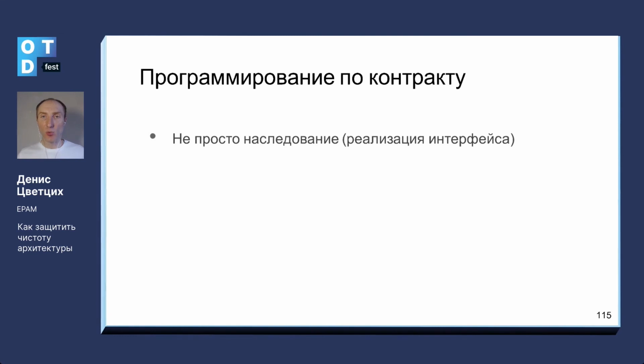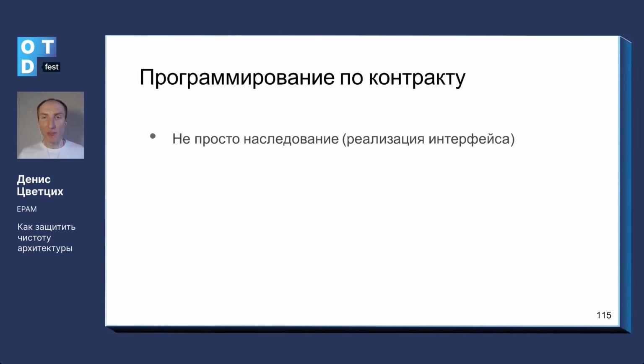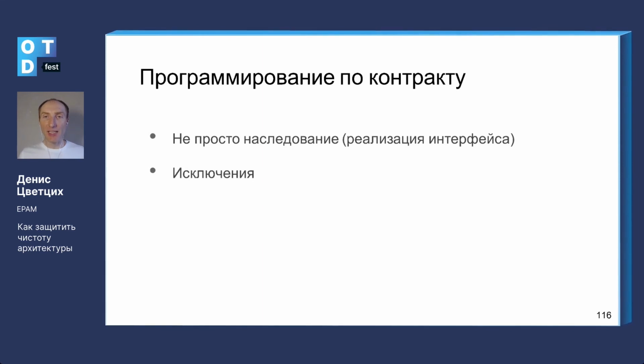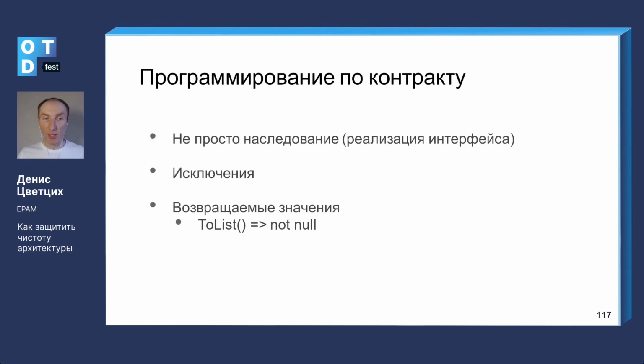If we implement an interface or inherit from a base class, we don't have a chance not to use the properties and methods in the class interfaces. The compiler will make us do that. Contract programming tells us that we shouldn't just inherit all this. We should also have similar exclusions from this inheritance.